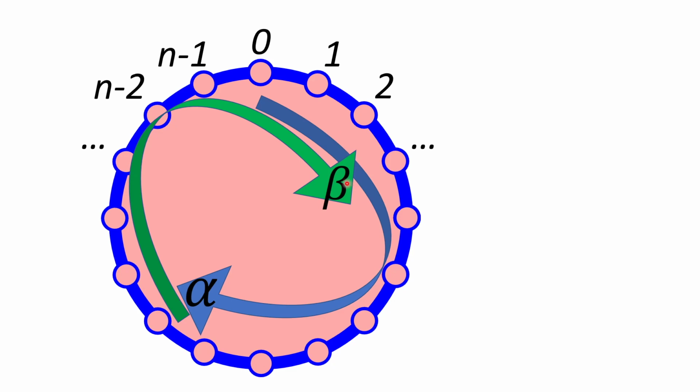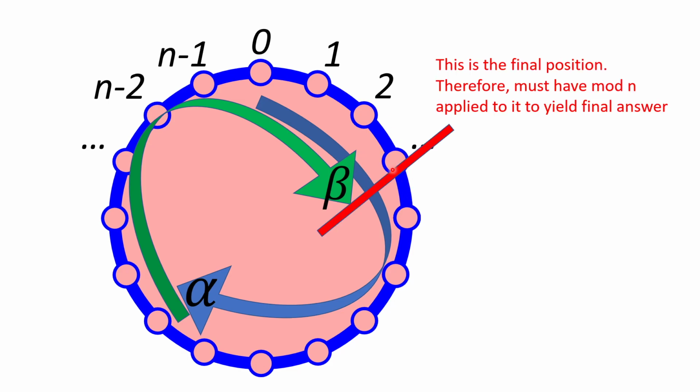So if we don't think about this in more detail, and just distribute the mod n, we can do that independently, but then we're ultimately granted something that could be greater than n because we went around n and then more than n, but we can't do that. So we know that since this is the final position, you must have a mod n applied at the end of all this arithmetic to truly yield the final answer, which should be somewhere around 3 or something in this visual.